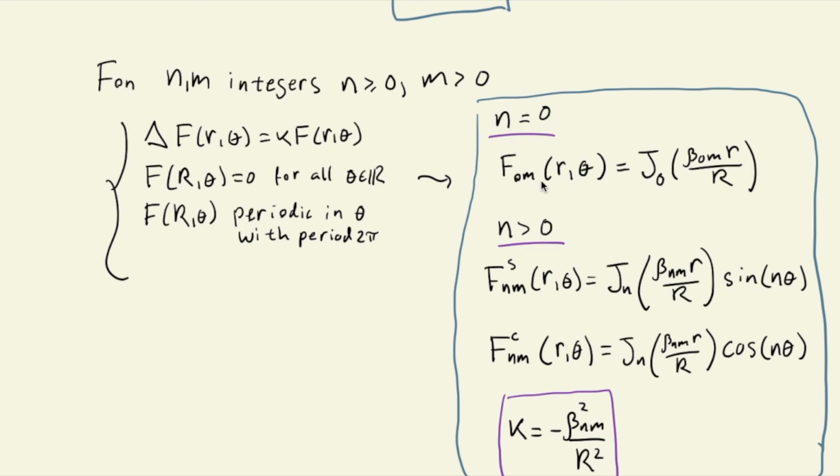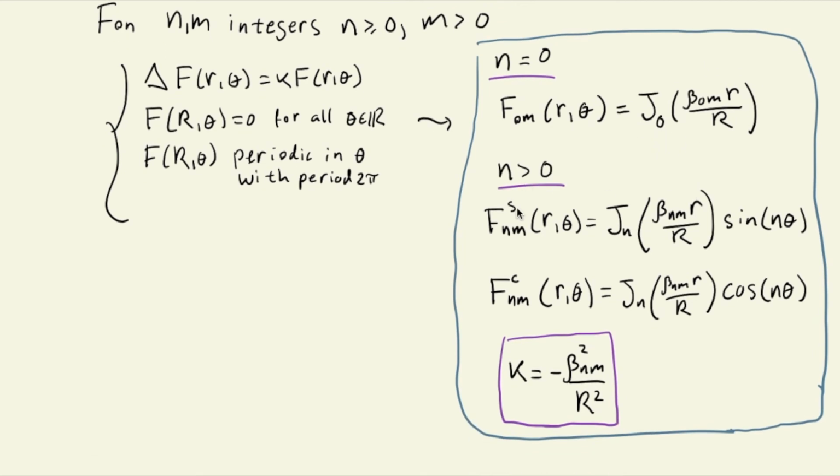When n is equal to 0, f is p times q, q is just 1, so I didn't write it, and p is just a Bessel function with n equals 0. And when n is positive, you get an f with a sine or an f with a cosine. So a Bessel function times a sine, that's the q, or a Bessel function times a cosine, that's the q. So J is the p, and sine and cosine is the q. And because k was negative h squared, this is what k has to be.